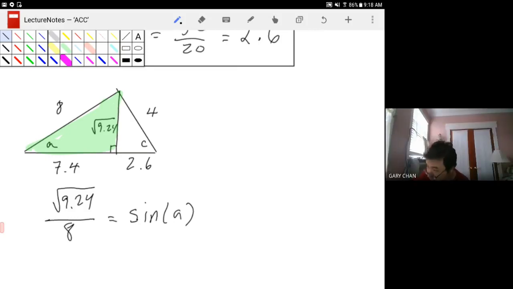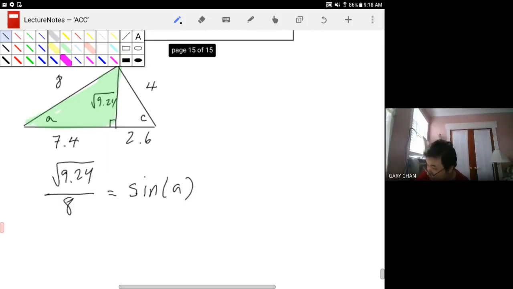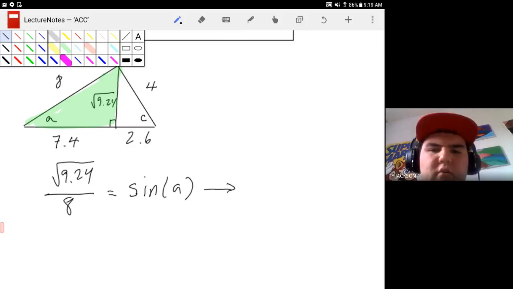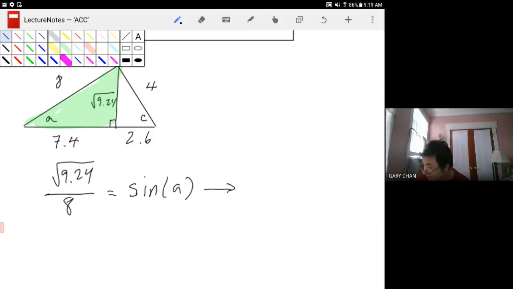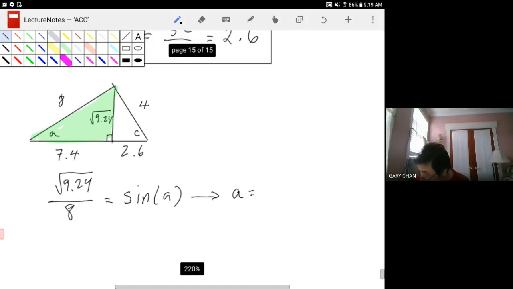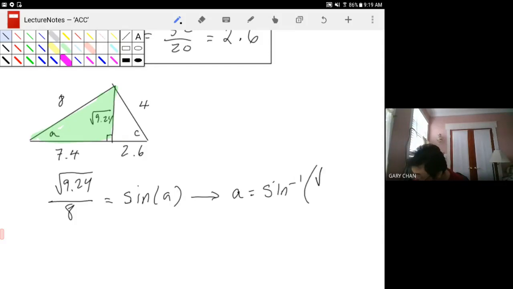So sine of A. Then, Sawyer, what can we do to find out what A is? We can use inverse sine. That's right. So we can say A is equal to inverse sine of the square root of 9.24 all over 8.